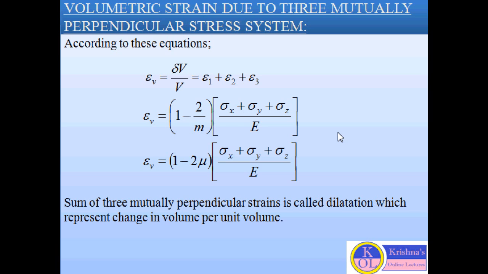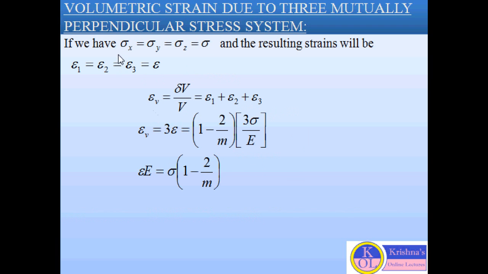Here all the stresses are tensile. If any of the stresses is compressive, or in the opposite direction, then we can find the equation by changing the sign only.